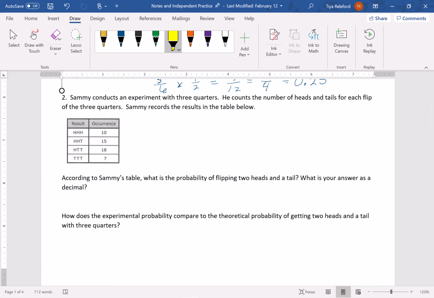Number 2 says, Sammy conducts an experiment with 3 quarters. He counts the number of heads and tails for each flip of the 3 quarters. Sammy records the results in the table below. According to the table, what is the probability of flipping 2 heads and a tail? So 2 heads and a tail is right here. 15 out of, you're going to have to add.